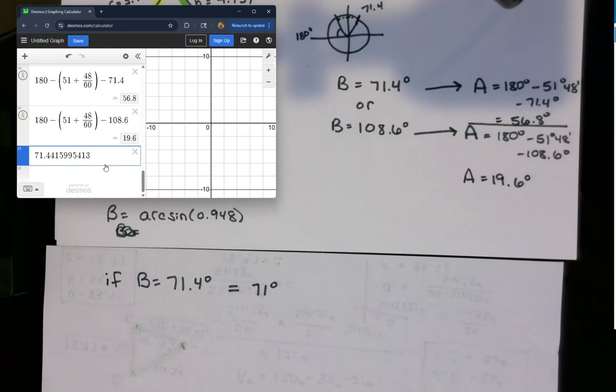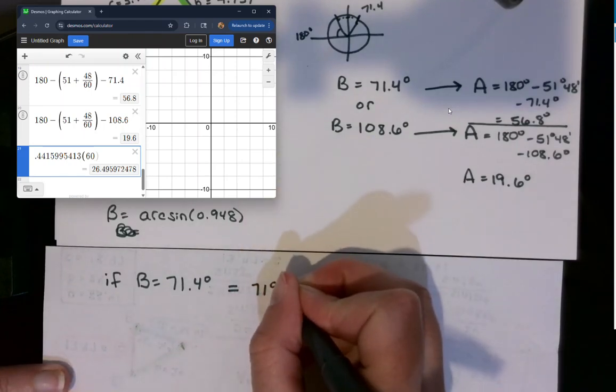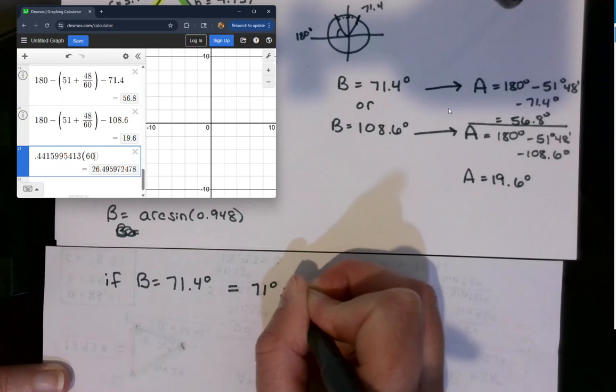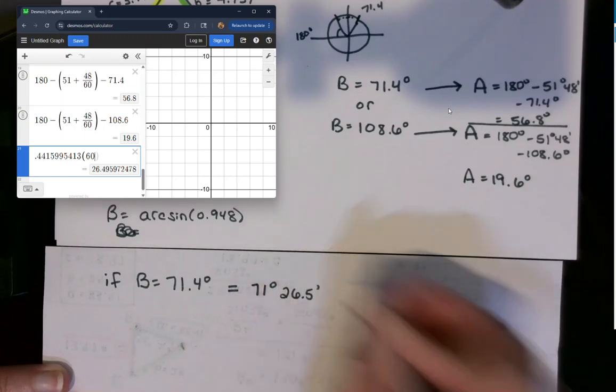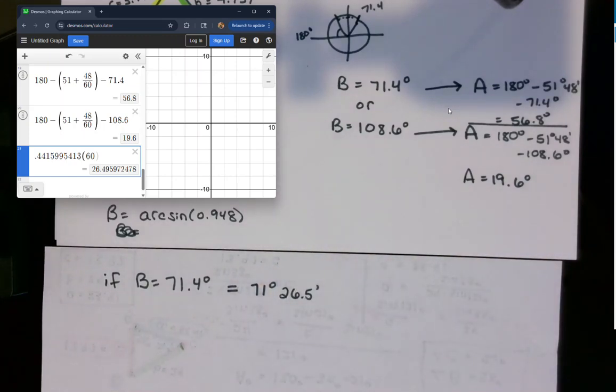And then we want to figure out how many minutes. So I'm going to take off the 71 degrees, and we're going to multiply by 60. So that's 71 whole degrees, and then it's about 26.5 minutes. And our original angle was just down to the minute, not down to the minutes and seconds.